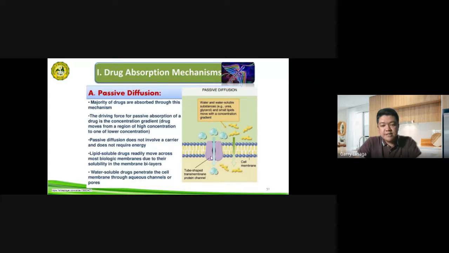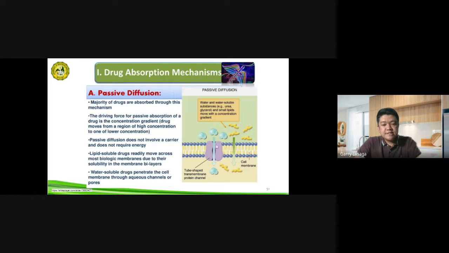So here we have the cell membrane, and the presence of a transport protein or a carrier. This is an integral protein that will transport polar molecules. For example, our polar molecule is water. Water will not be able to diffuse through the cell membrane, so it needs a carrier.